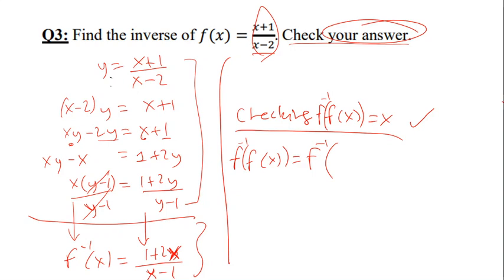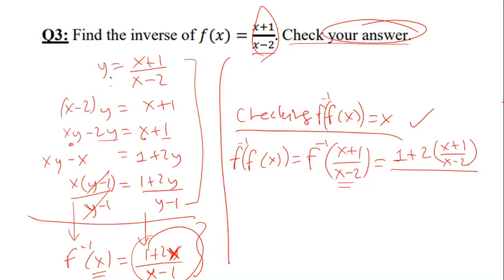The f of x formula is this one here, (x plus 1) divided by (x minus 2). And f inverse is this one here. So instead of x, I write this one instead of x. So it will be 1 plus 2 times (x plus 1) over (x minus 2), divided by (x plus 1) over (x minus 2) minus 1.